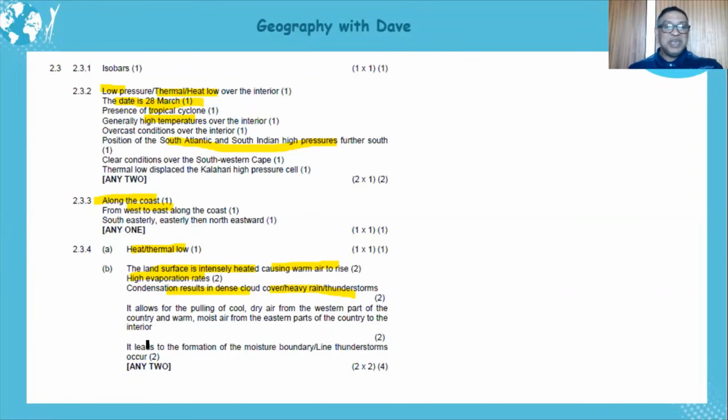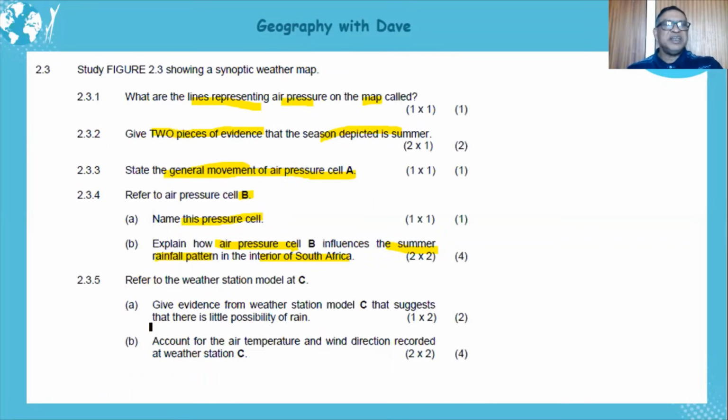You know, it leads to the formation of clouds and therefore dense cloud cover because of all this air evaporating and rising, isn't it? Can you see, learners, how brilliant that is? You know it. And examiners have to make it interesting. They bring in the sketches. Geography is not such a difficult subject, not just a question.